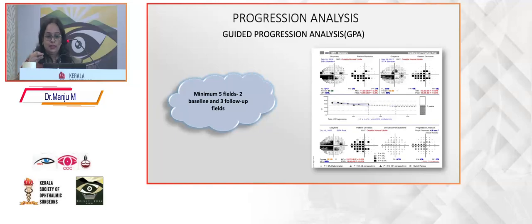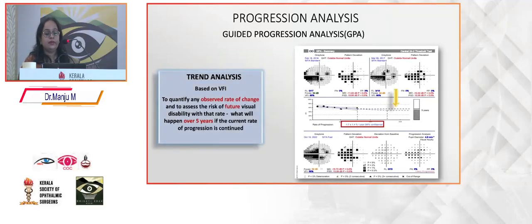So it can tell you whether you need more intervention at this point of time. That is what is called a trend analysis based on visual field index, or it can be based on mean deviation also, to quantify any observed rate of change and to assess the risk of future visual disability. That is the most important one. So what will happen over 5 years if the current rate of progression continues?